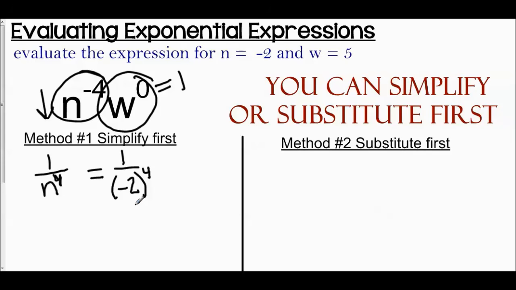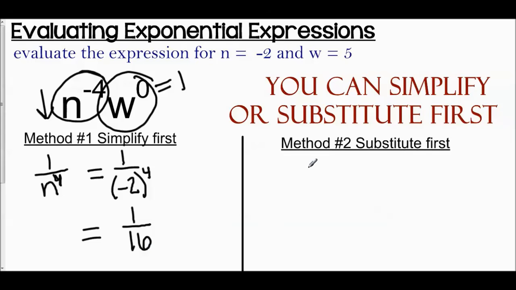Without the parentheses, that is 2 to the fourth power and whatever that is, negative. Whereas here, that's negative 2 times negative 2 times negative 2 times negative 2. So, negative 2 times negative 2 would be 4. 4 times negative 2 would be negative 8. Negative 8 times negative 2 would be positive 16. So this is going to equal 1 over 16.